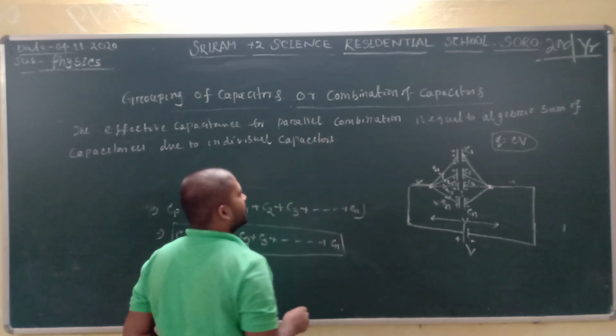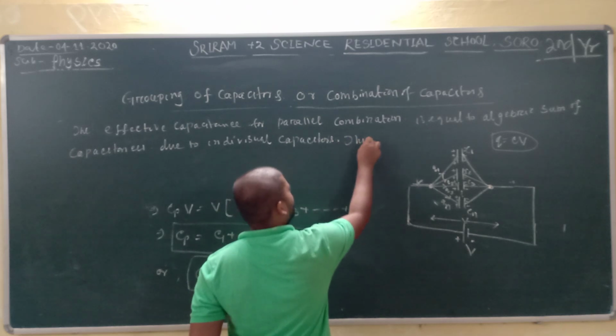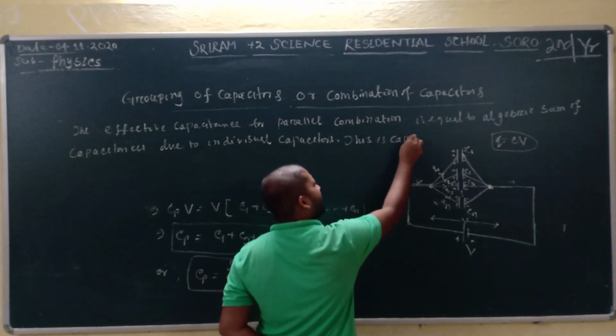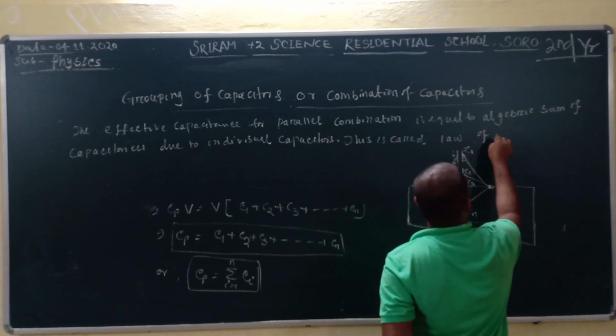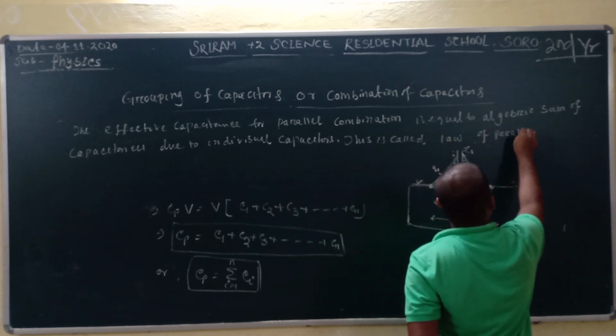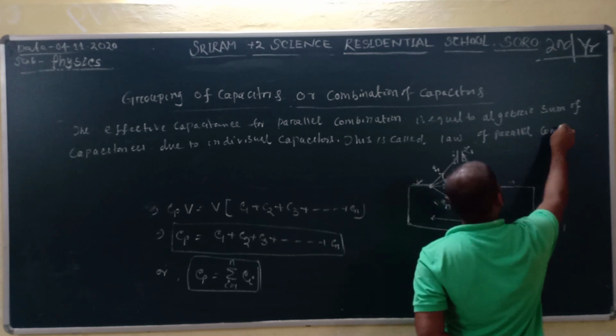This is called the law of parallel combination.